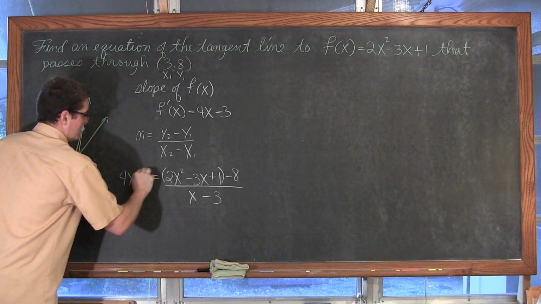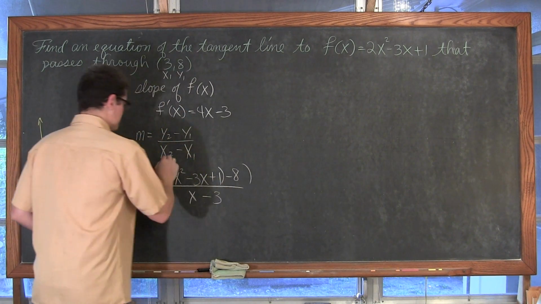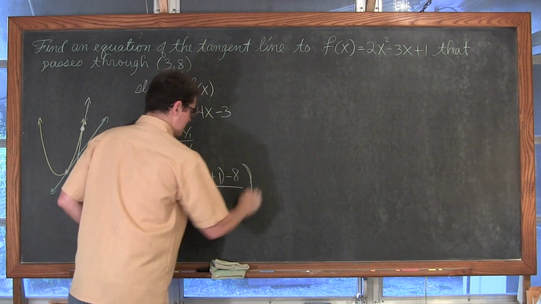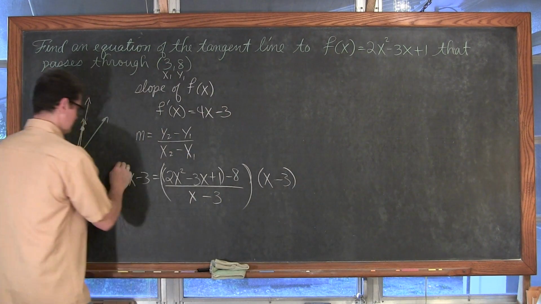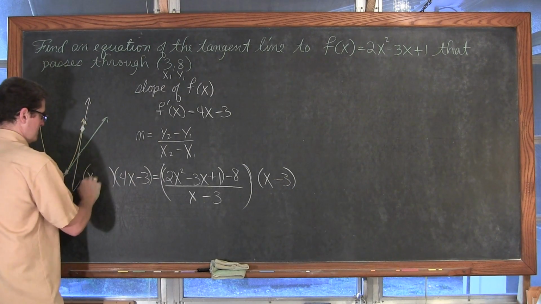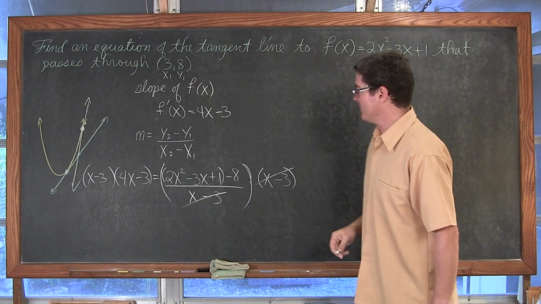So the 4x minus 3 goes here. We're going to work this out. We're going to multiply both sides of our equation. Let's just wrap that up in a big old parentheses with x minus 3. It's going to cancel out that denominator.